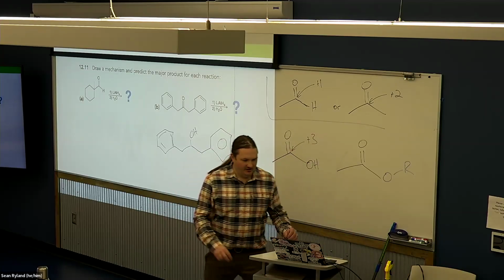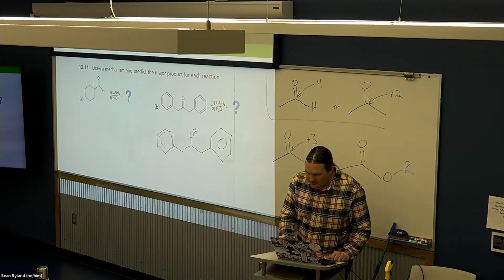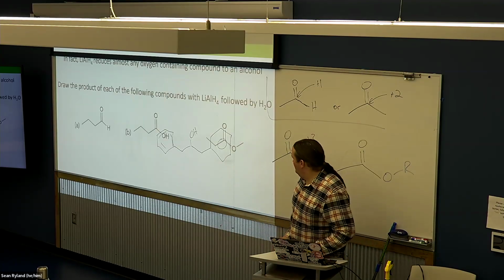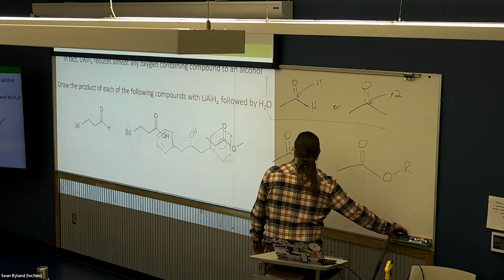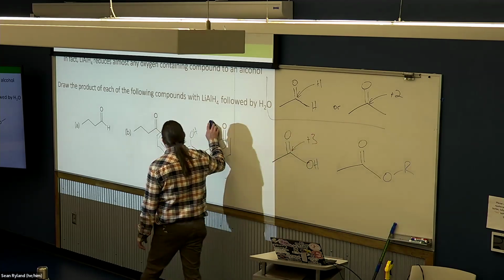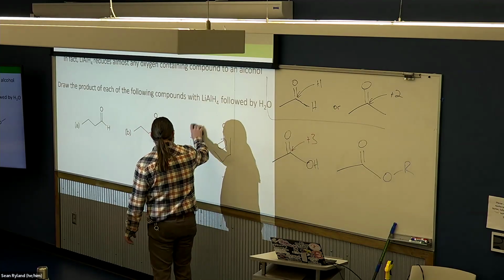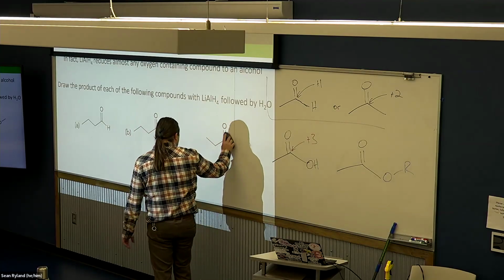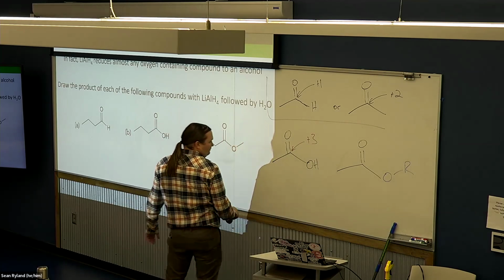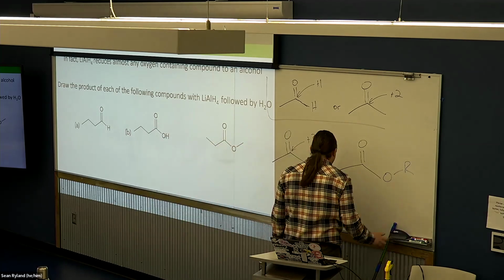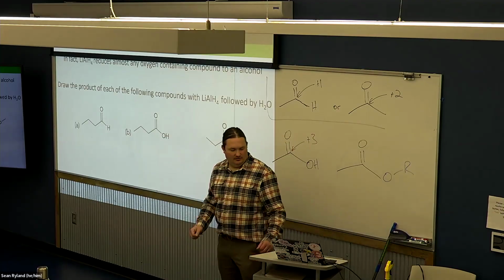Reduction reactions, they're not so bad. It's going to be the same. The mechanism is going to look identical. Hydride attacks the carbonyl carbon, the pi bond breaks, and then you protonate the resulting negative charge.